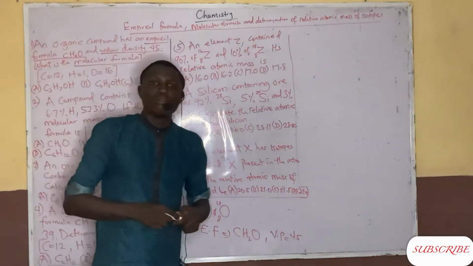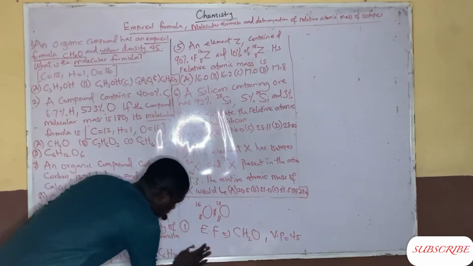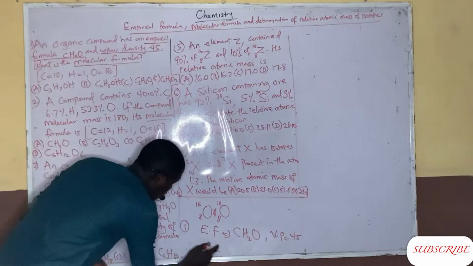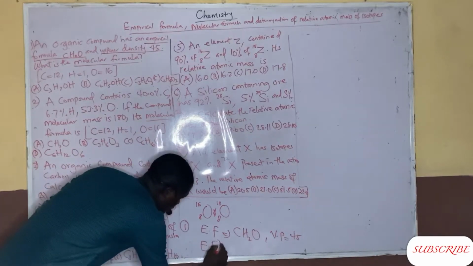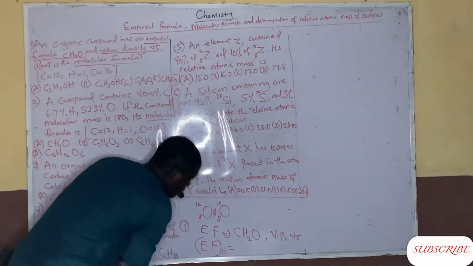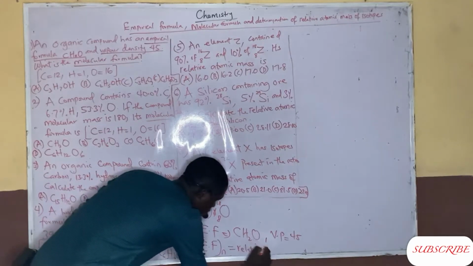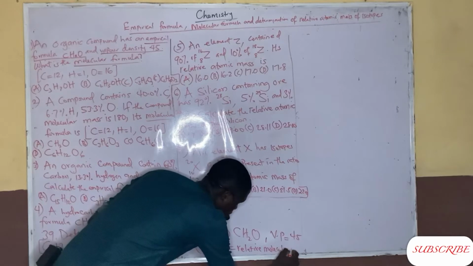To get the molecular formula, note that the molecular formula can be obtained by multiplying the empirical formula by N and equating it to the relative molecular mass.